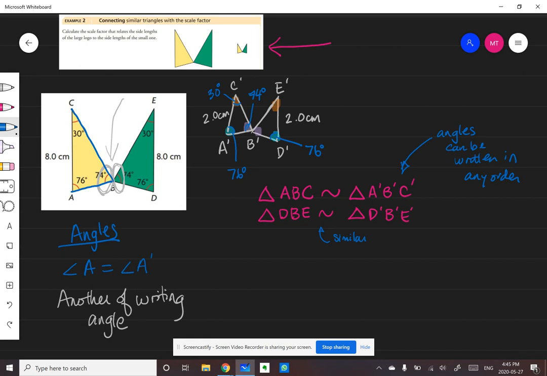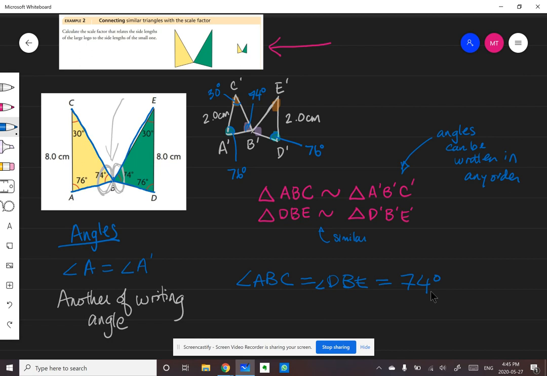Notice it's as if I was drawing the two lines that would create that angle. So I could say angle ABC is the same as DBE. Oops, I forgot that. And that is actually equal to 74 degrees.